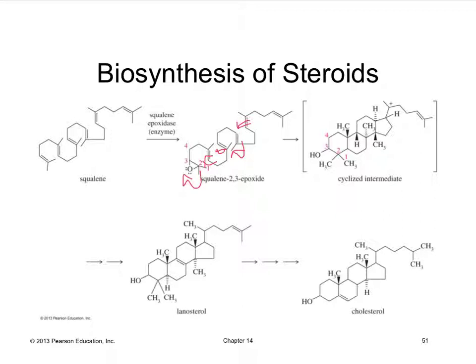This then undergoes several transformations to form lanosterol and then cholesterol, which is what you know.